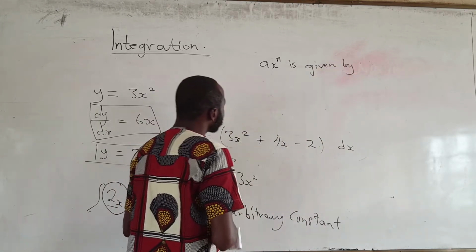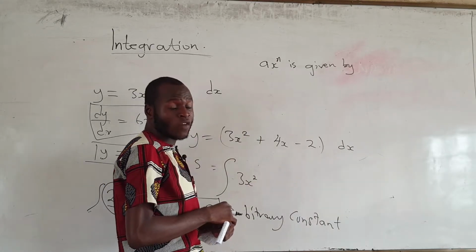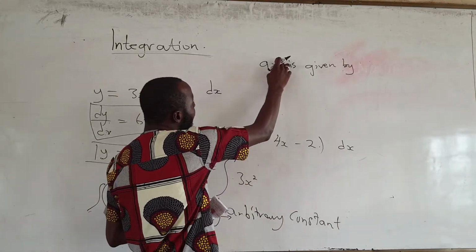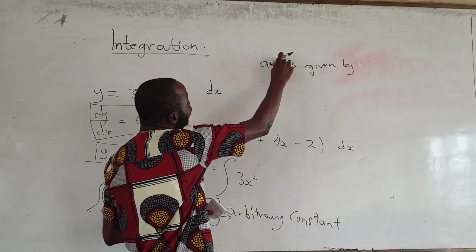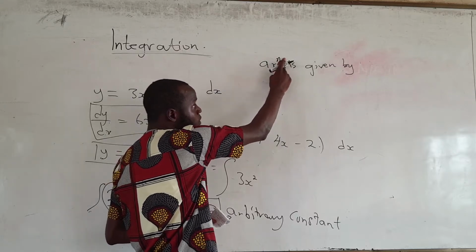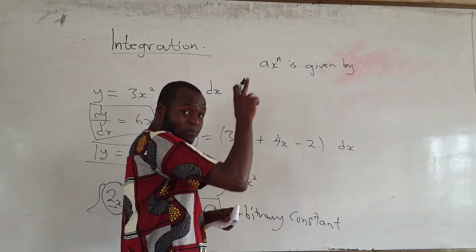What you do is, this n is the power of the variable that we are integrating with respect to. So from that n, we add 1 to it, and then we divide the whole expression by that particular result.